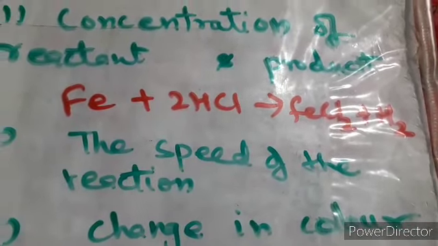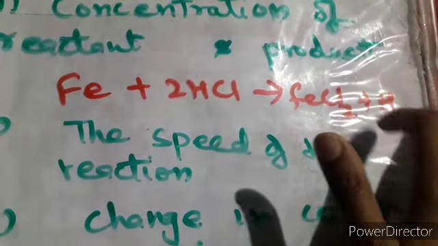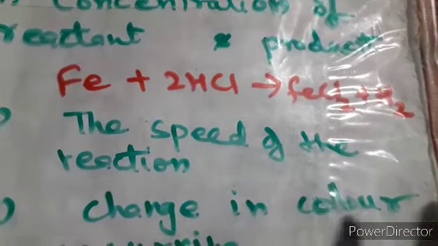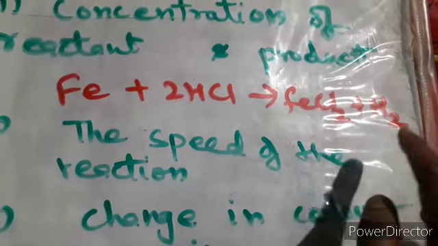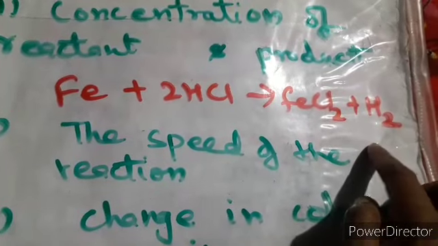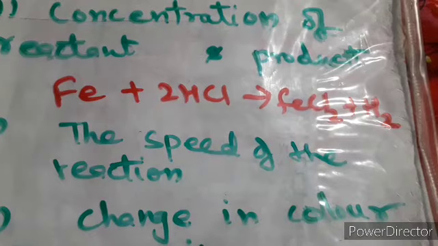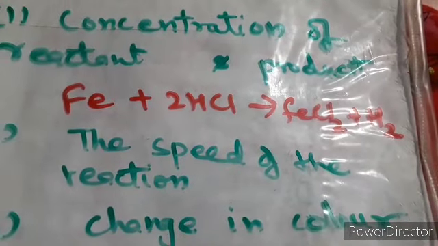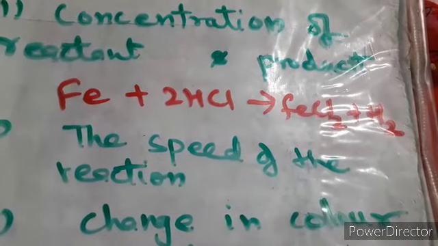Nobody can judge. But I am telling you, this is the reaction in which the hydrogen gas is being released, and hydrogen gas has a characteristic that it burns with a pop sound. Now when hydrogen is formed and burns, definitely light energy will be released, and you can easily hear the pop sound, so sound energy is also there.